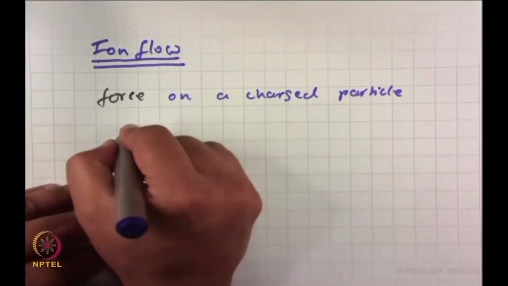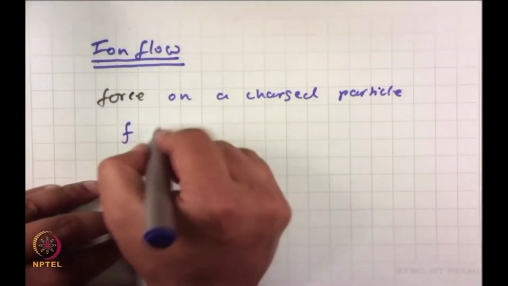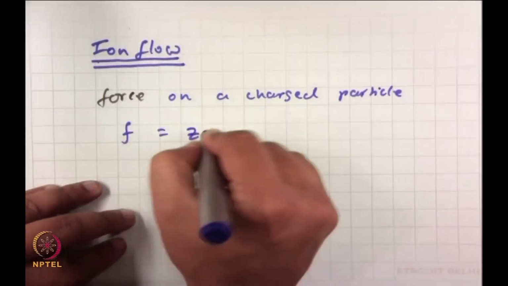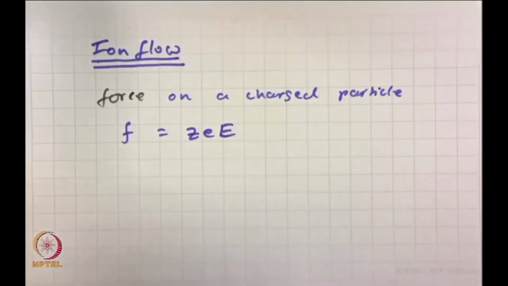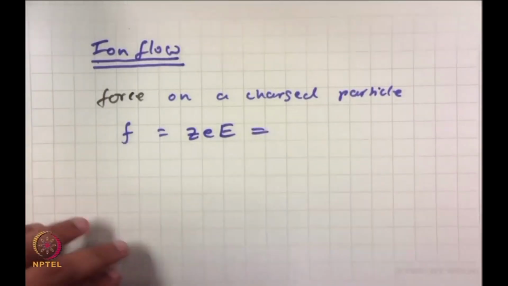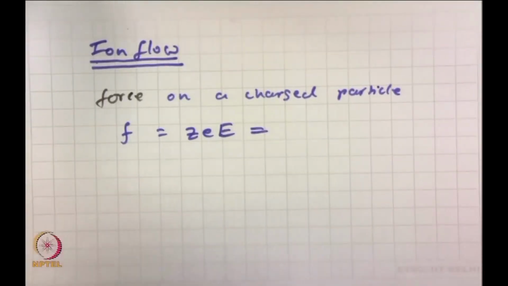Now, this F is given by F is equal to Z times e, where small e is the charge, times big E, which is the potential or the electric field. So, what was F equal to? Do you remember?